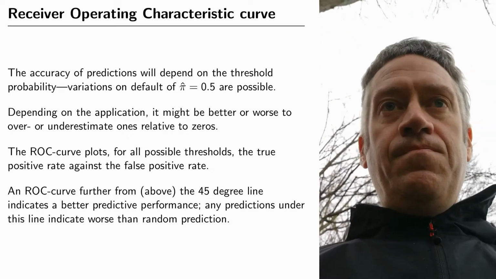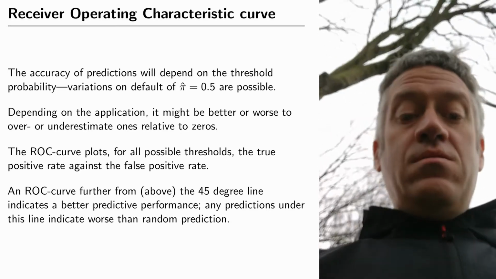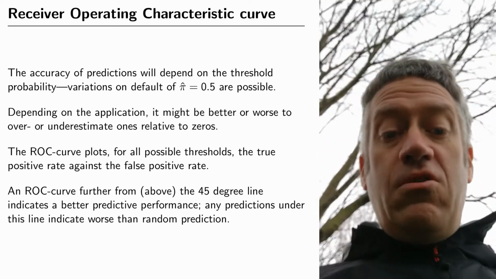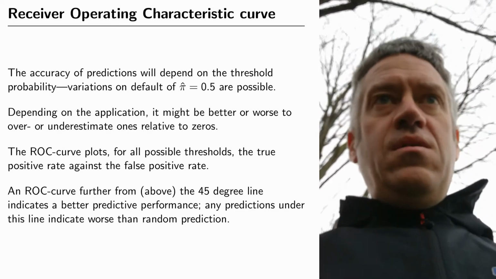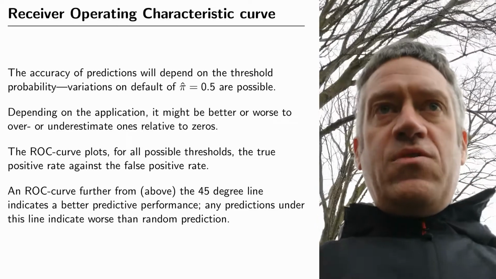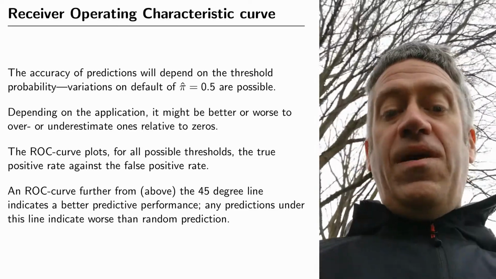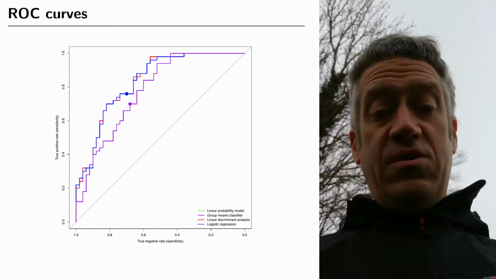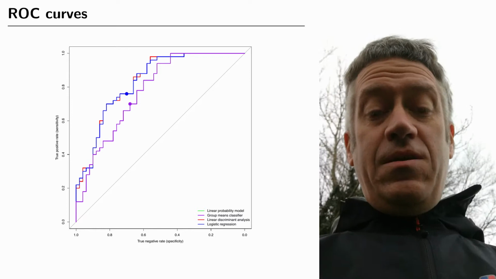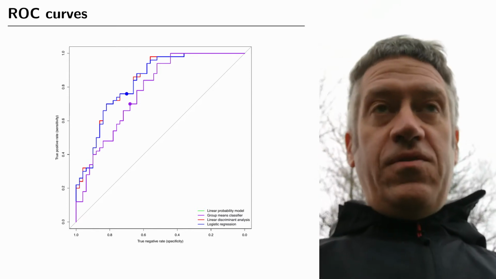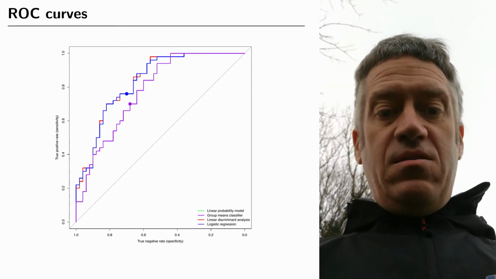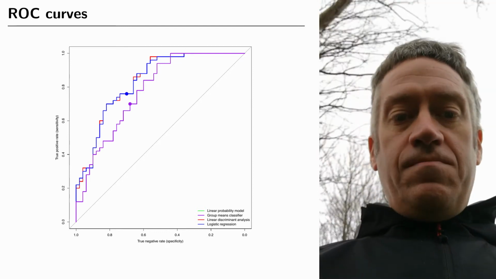So the further above this diagonal the ROC curve is, the better your model is predicting. You want it pushed into the top left corner. In this graph you see the curves for the 4 models that we discussed: the linear probability model, the very naive one using group means, the linear discriminant analysis, and logistic regression.